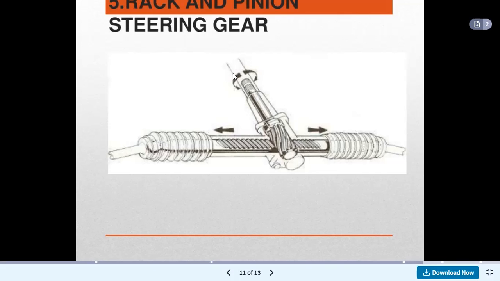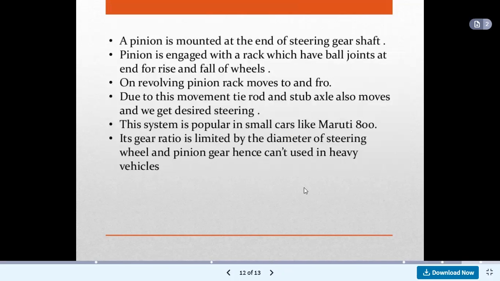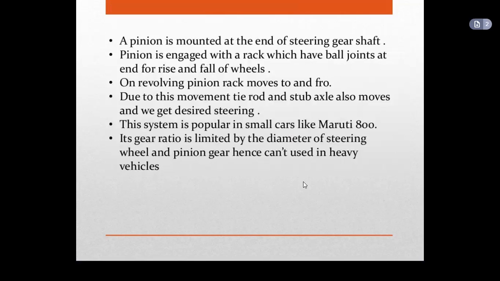Rotation from the steering wheel comes on the pinion, and that pinion rotates, and due to that rotation, the pinion transmits the rotating motion into linear motion from that rack and pinion arrangement. So the rack is attached, and on that rack, linear direction motion takes place.